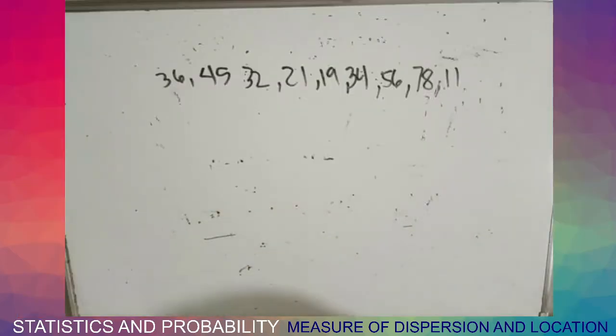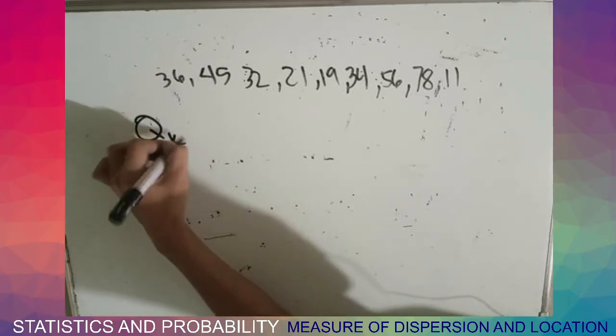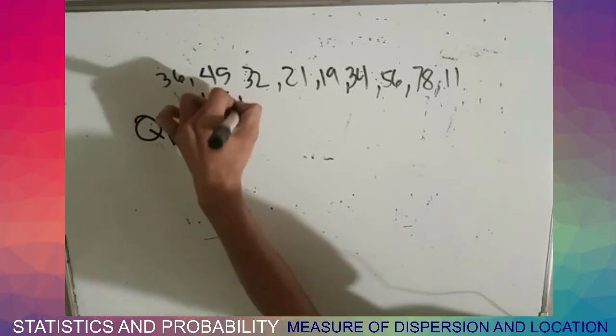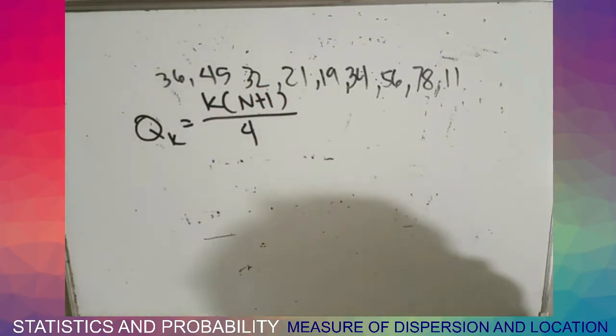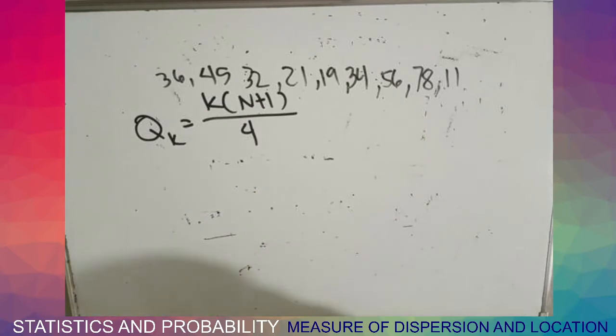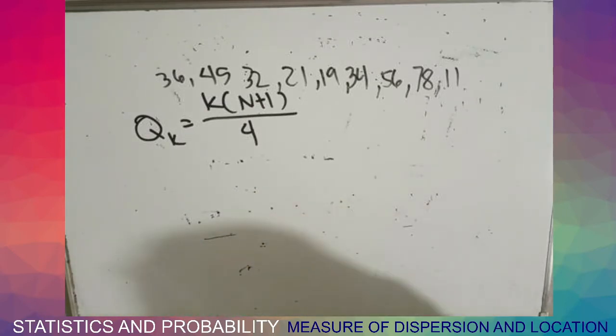Okay. So, di ba meron tayong formula for getting the quartile location? So, Q sub K is equals to K times N plus 1 divided by 4. So, based on sa problem, tatlo yung kukunin nating quartile location or quartile rank value.